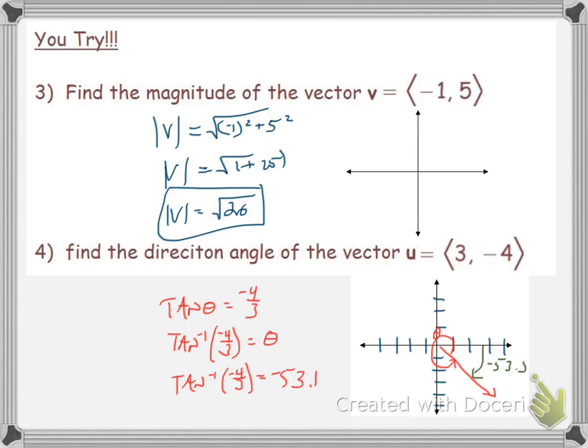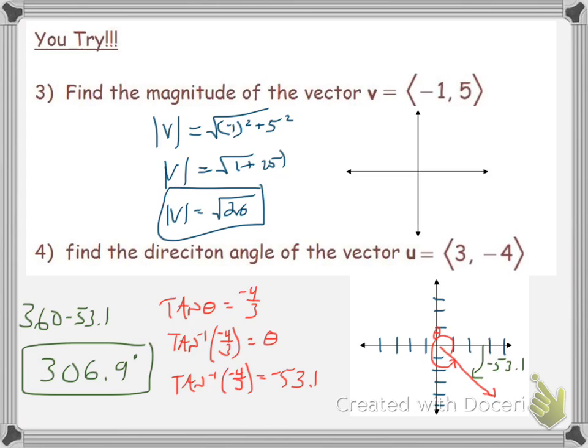So what I need to figure out is this angle. To do that, I'm going to take 360 minus 53.1, and that gives me 306.9, and that's the direction angle.